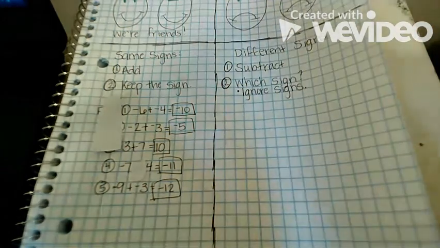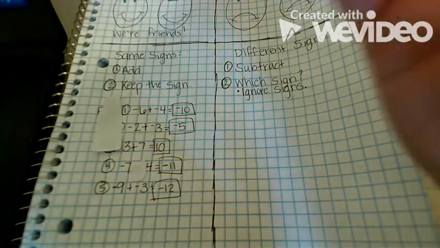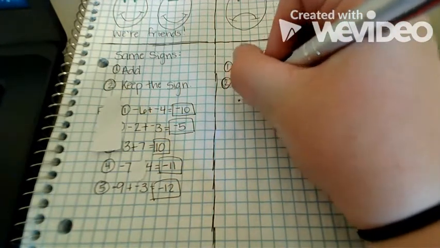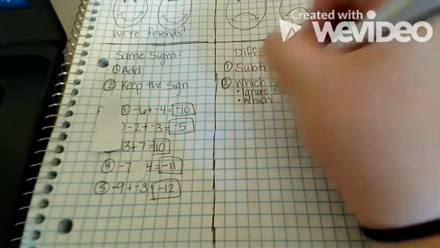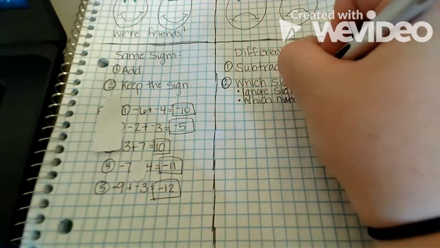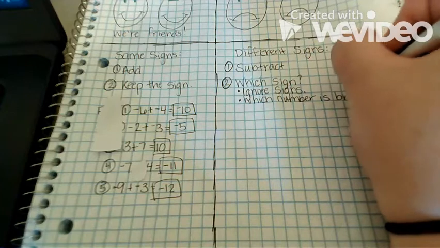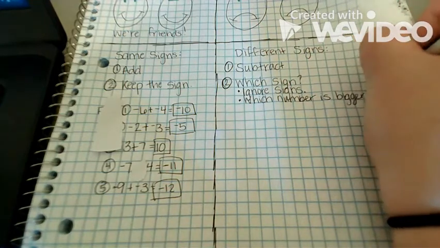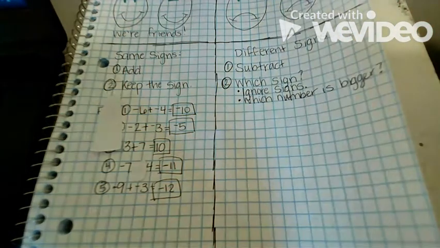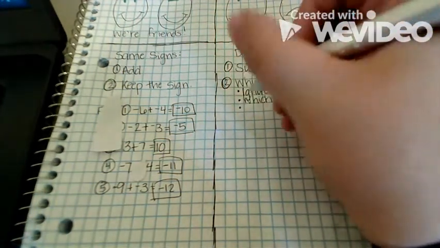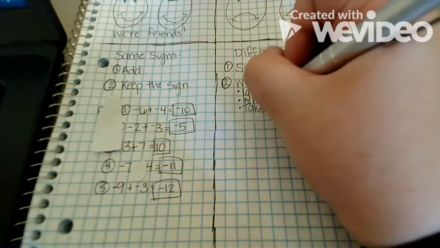So just look at the numbers without the signs. You're going to decide which number is bigger. And then you're going to look at the signs and take the sign of that bigger number.